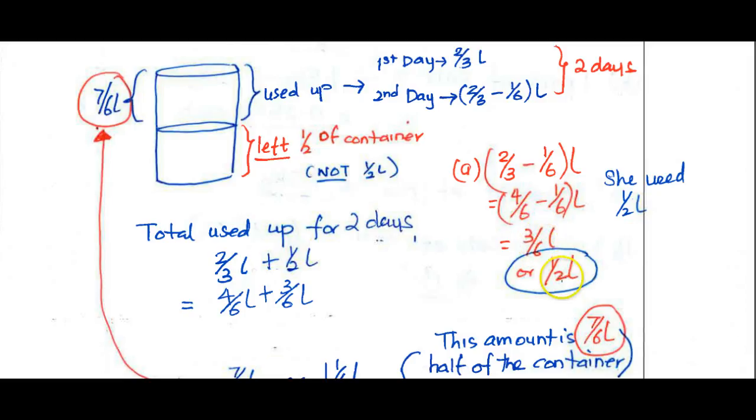Half a liter, not half a container. So what I'm talking about over here, used up: day 1 is 2/3 liter, day 2 is half a liter. Total together is 7/6 of a liter. It means 1 liter and 1/6.